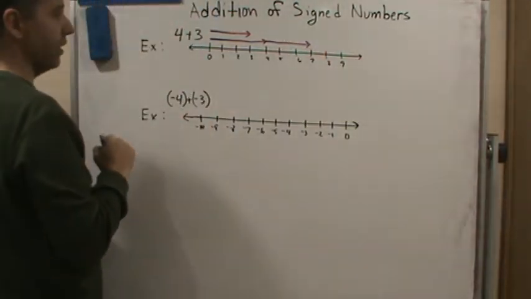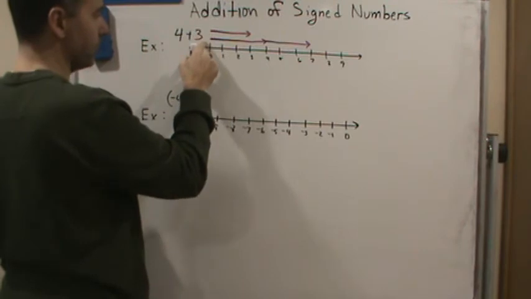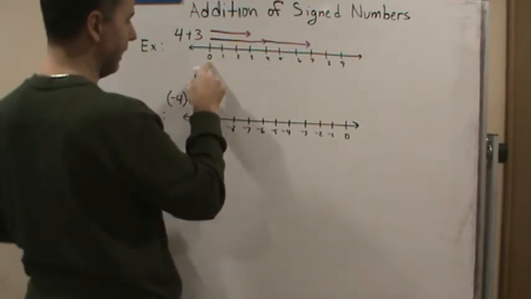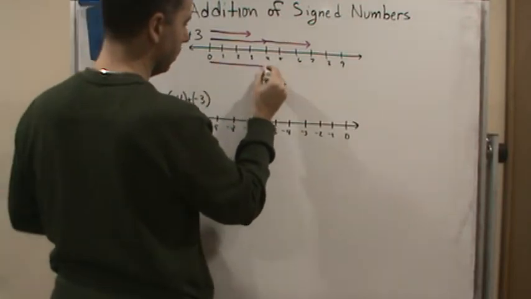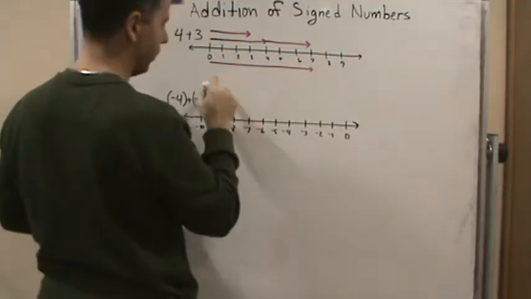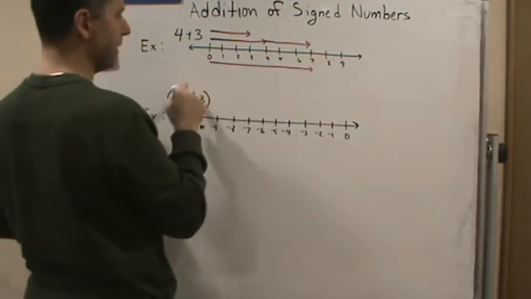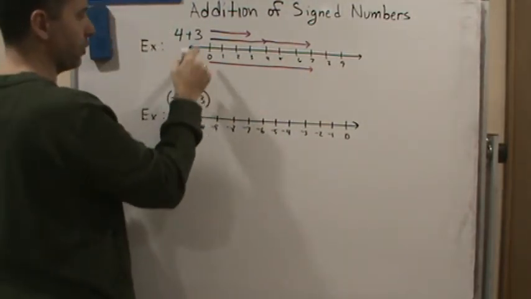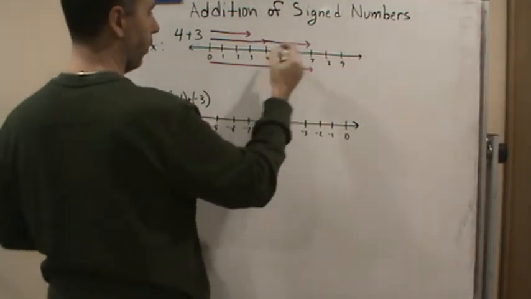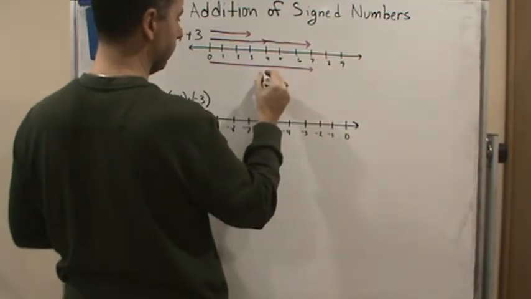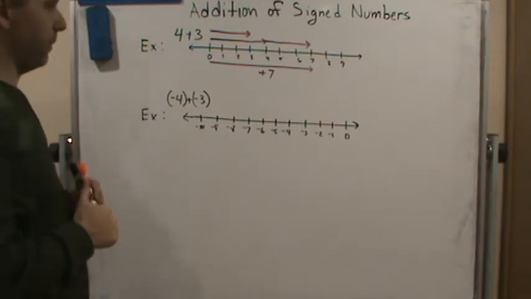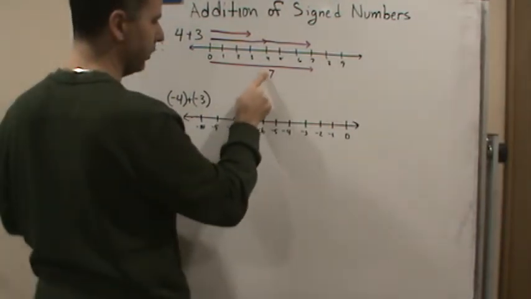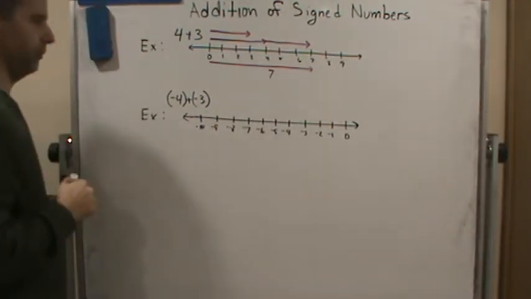If I add these 2 amounts, I get an arrow that goes from 0 to 7. So 4 plus 3 equals 7. The answer is positive 7, or just 7. If the positive sign is not included, it's assumed to be positive.